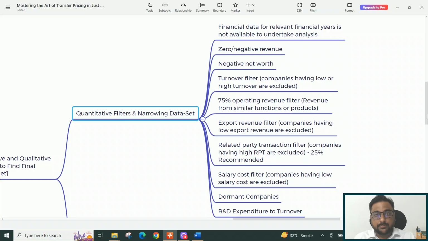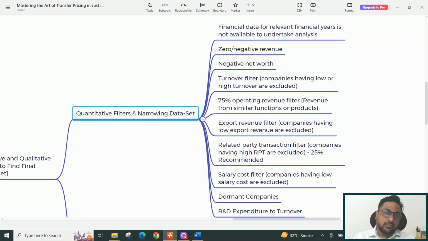Out of 2,000 companies, it may be that only 4, 5 or 10 are comparable to your tested party. For that we go ahead with quantitative filters first, and after that we look into the qualitative aspects. In the quantitative filter there could be a situation where financial data is not available, and that is where we need to exclude those companies.